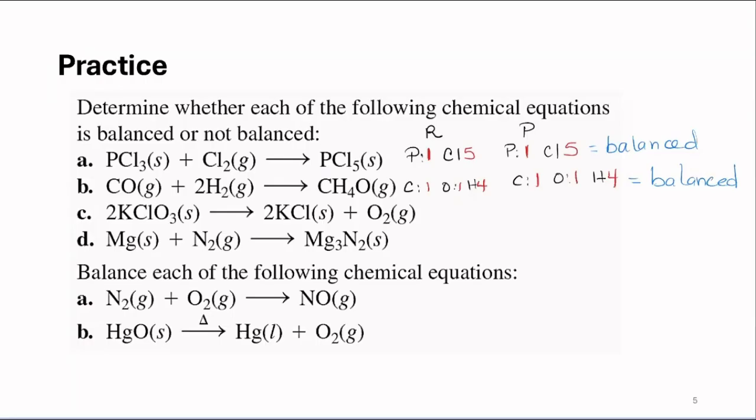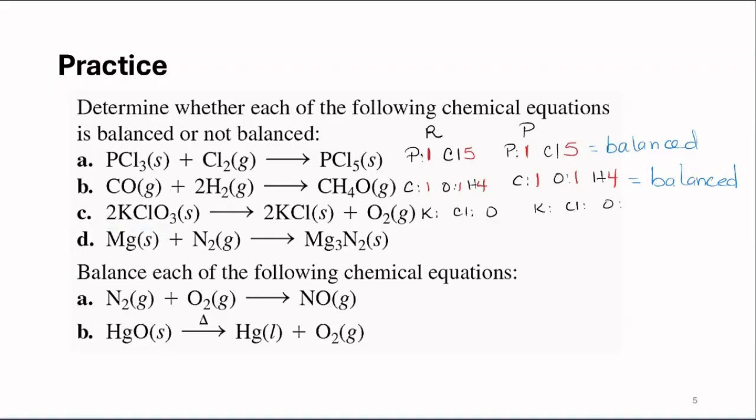I'm going to now move on to letter C. In letter C, I have, for the reactants, potassium, chlorine, and oxygen, and those same atoms are in the product: potassium, chlorine, and oxygen. In the reactants, since I have a coefficient of 2 in front of KClO3, that means that 2 is going to multiply by the 1 that is next to potassium.